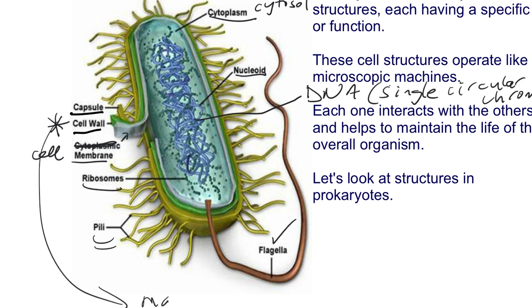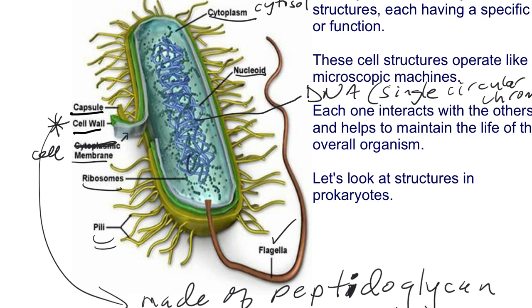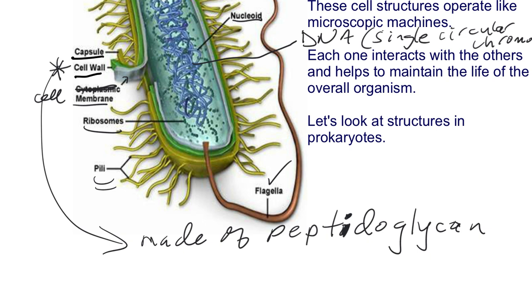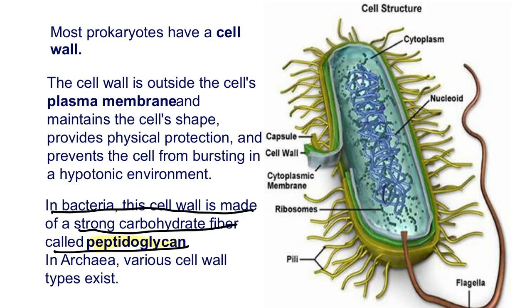Cell wall is made of peptidoglycan, which is a carbohydrate. And then it has a capsule, a slimy coat over the cell wall. So here we have what I just talked about.